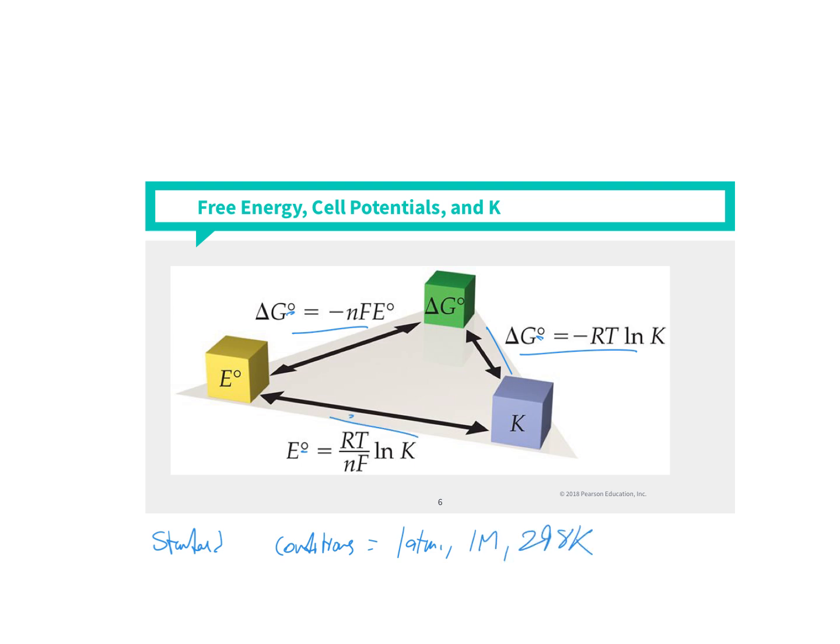And then now we also have this relationship, which is part of the Nernst equation, which says that E naught is equal to RT over NF times the natural log of K. And so we can use all of these three different relationships to jump back and forth between these different parameters that all fit our electrochemical cell.